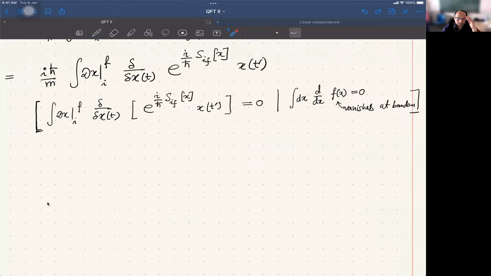So that is the question of what the boundary is. The number one question was what is the boundary for the path integral?